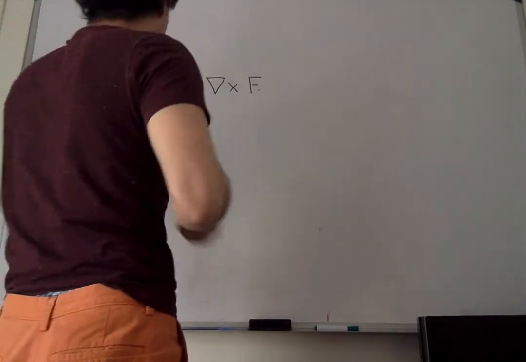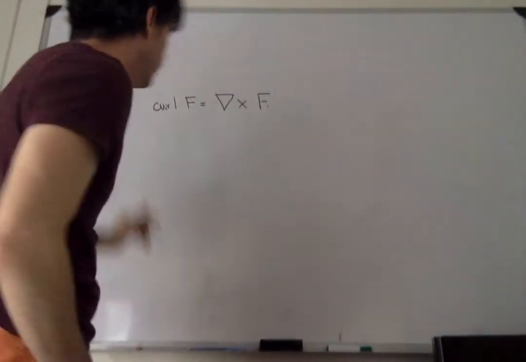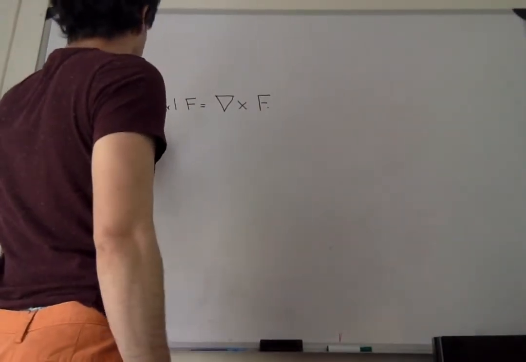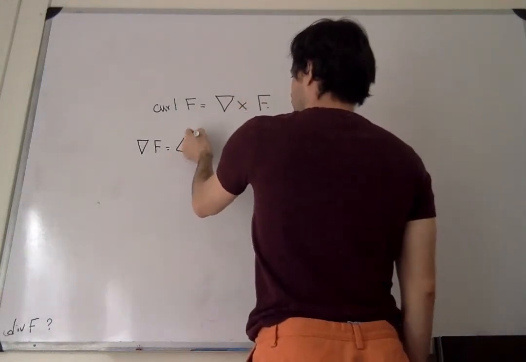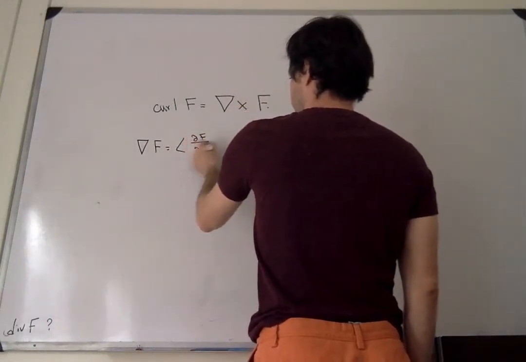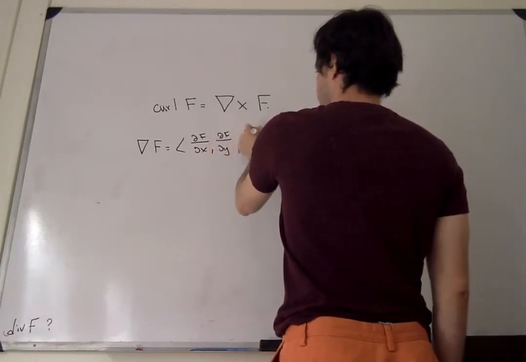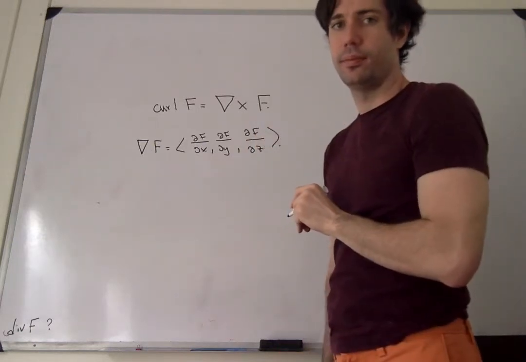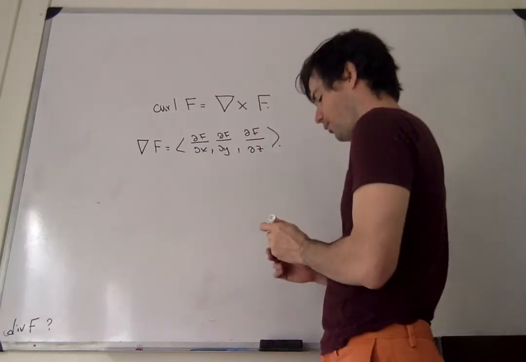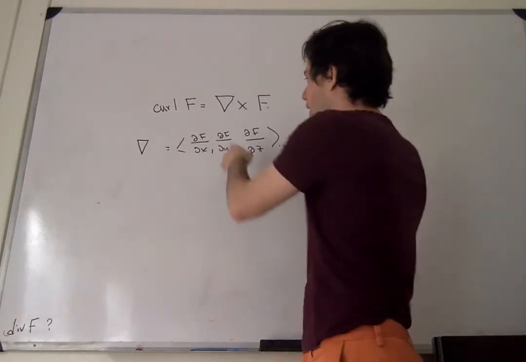So recall that the triangle of f is equal to ∂f/∂x, ∂f/∂y, and ∂f/∂z. Well, what if I erase f?